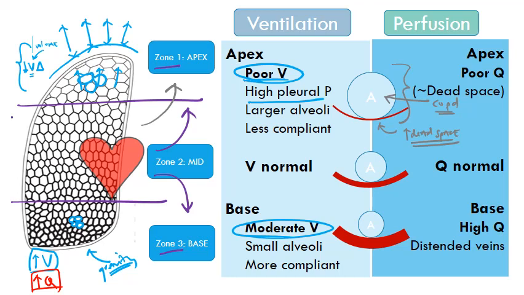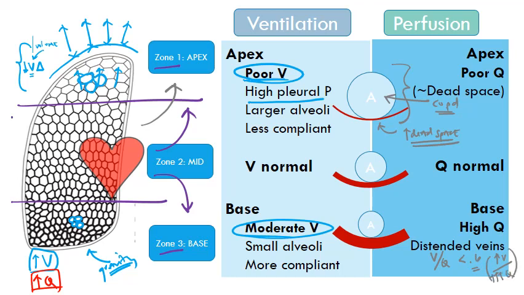If we translate all of this to VQ ratios, in the gravity-dependent base, we've discussed how ventilation is moderate and perfusion is excellent. This results in a typical VQ ratio of less than 0.6. And again, that's because ventilation is good, but perfusion is outstanding.